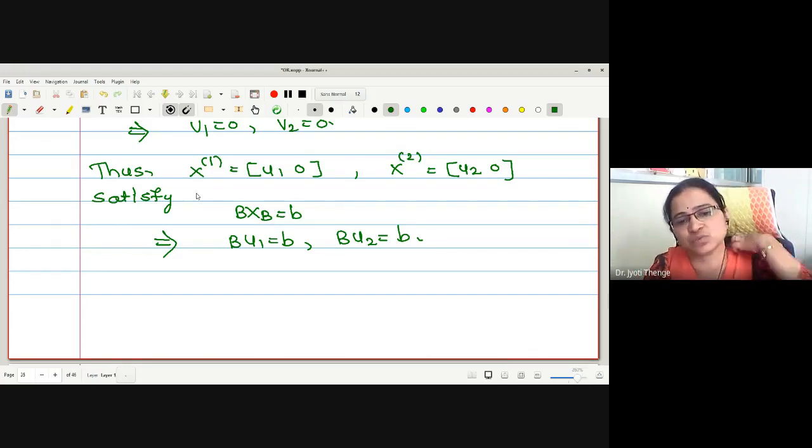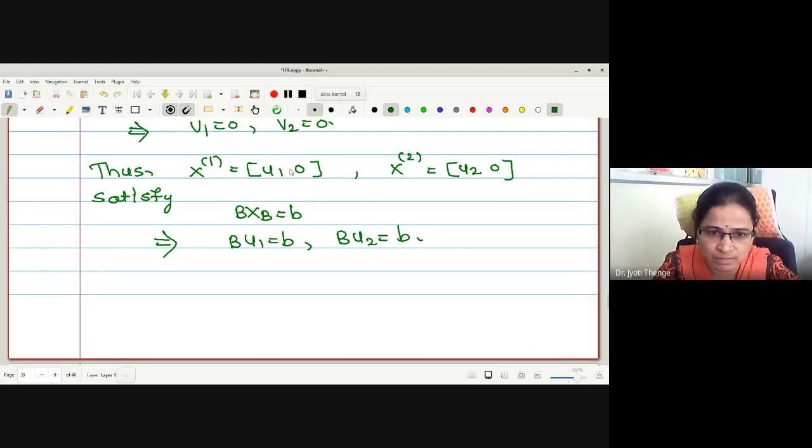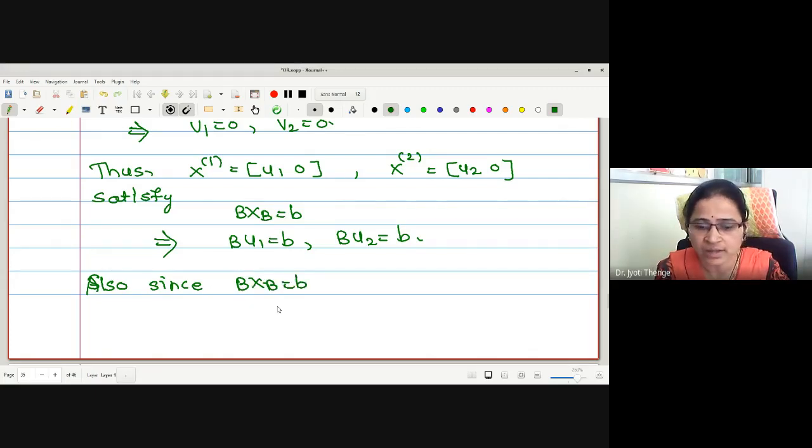What is xb in x1? The basic variable u1. What is xb in x2? That is the basic variable, which is u2. Therefore, it gives us B u1 is equal to b and B u2 is equal to b. Since Bxb is equal to b, this is an expression of b as a linear combination of basic vectors, and this must be unique.